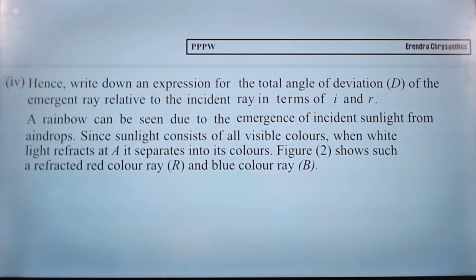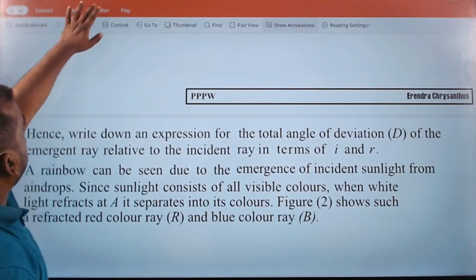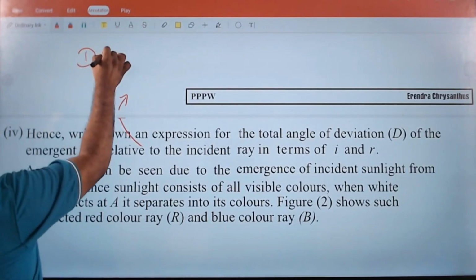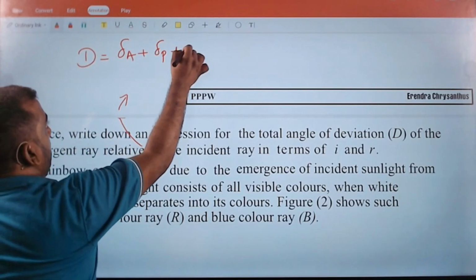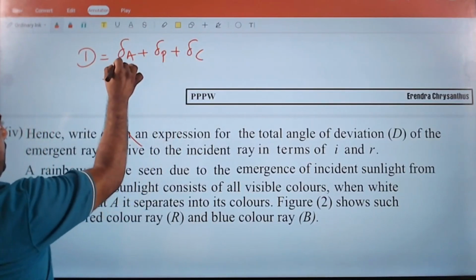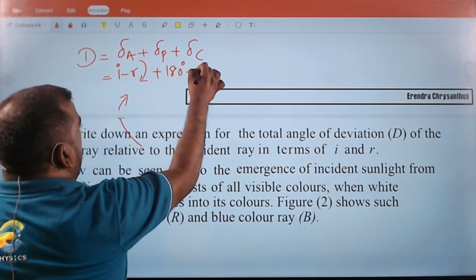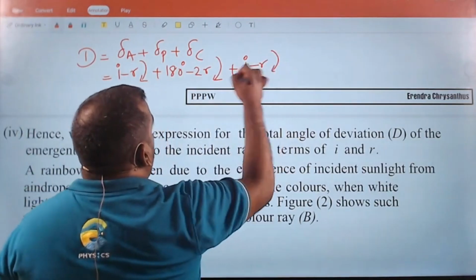Hence, write an expression for the total angle of deviation. I will do this answer here. The total angle of deviation is the deviation at A plus the deviation at P plus the deviation at C: I minus R clockwise, 180 minus 2R clockwise, I minus R clockwise.